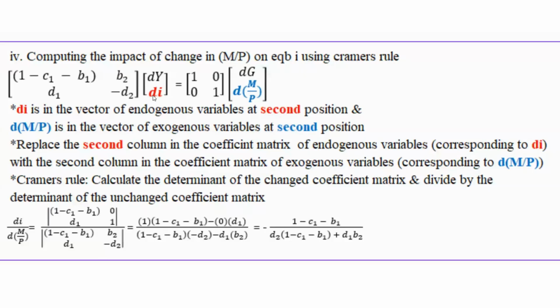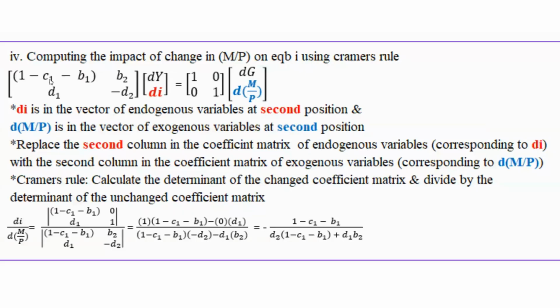If I'm interested in its multiplier with respect to changes in real money supply, then I'll replace the second column corresponding to dI with the column corresponding to dM by P here, right? And then obviously we take the determinant of this changed coefficient matrix, divide by the determinant of the unchanged coefficient matrix. And obviously if we're interested in multipliers of dY, we know dY occurs in the first position of endogenous variables here.